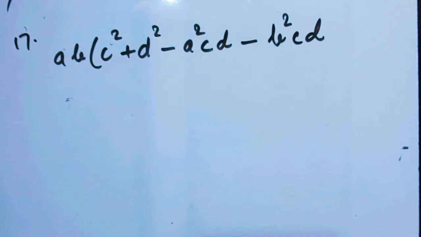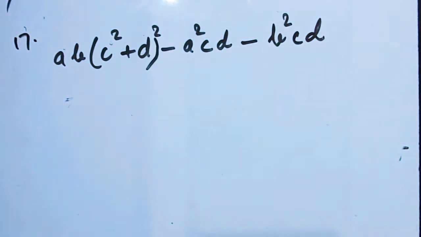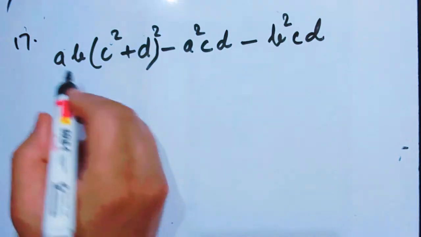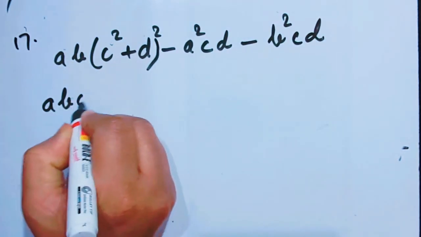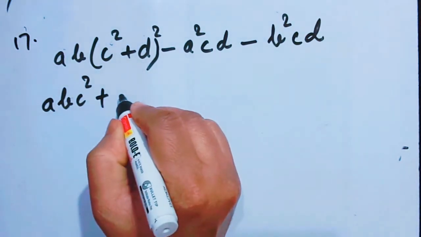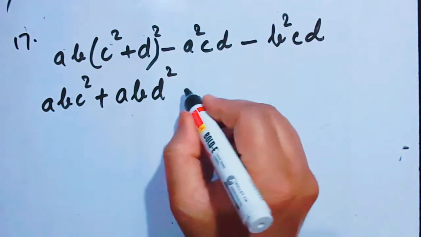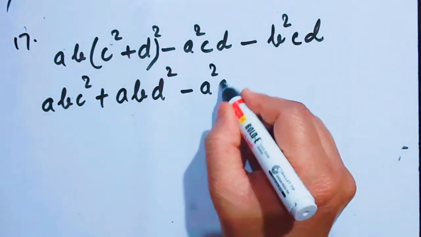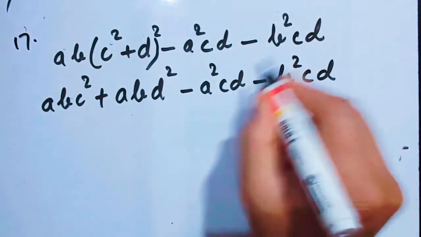What to be done? First I am going to break this one. So when I break, I'll get ABC square plus ABD square, minus A square CD and minus B square CD. So I have broken this.